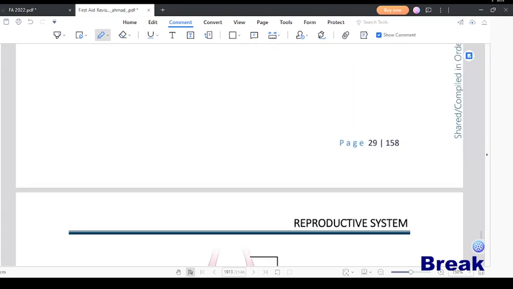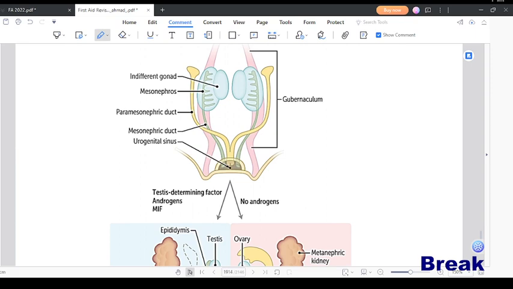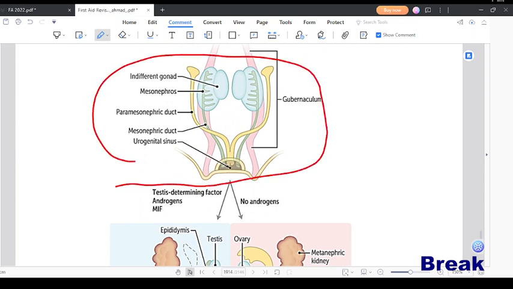Okay, moving forward, we have this picture. This is basically the common sexual organ of the fetus. There are indifferent gonads, and then we have the mesonephros, and here we have the gubernaculum. The gubernaculum is the thing that directs the testes into the scrotum.